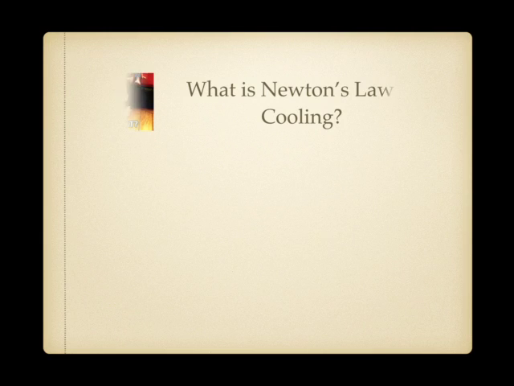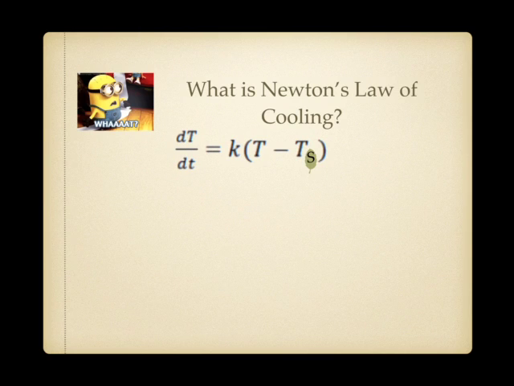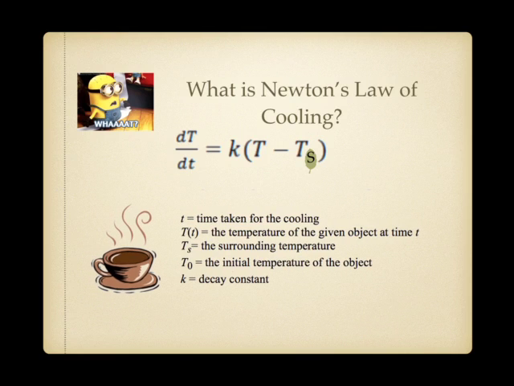So what is Newton's law of cooling? Newton's law of cooling is a differential equation: the derivative of temperature equals K times (T minus Ts). Lowercase t represents time taken for the cooling, and uppercase T represents the temperature of the given object at time t.